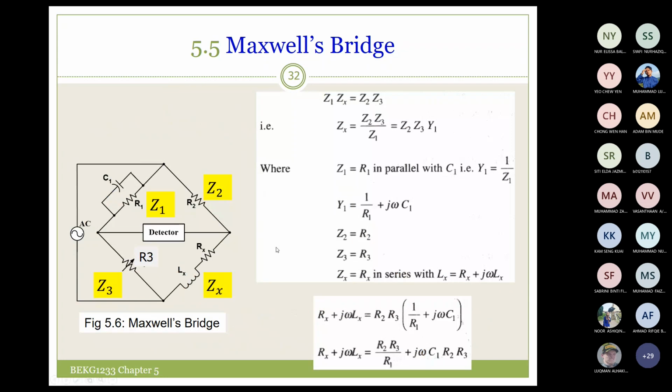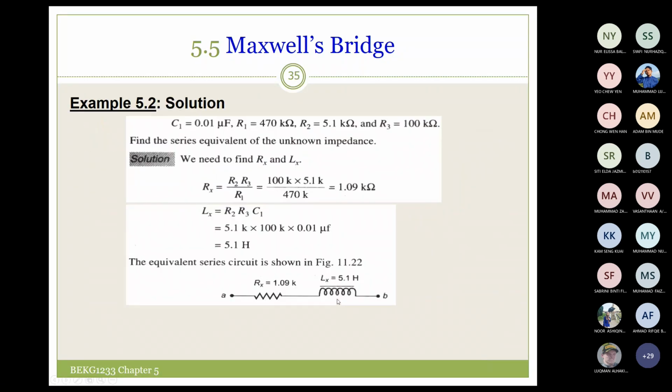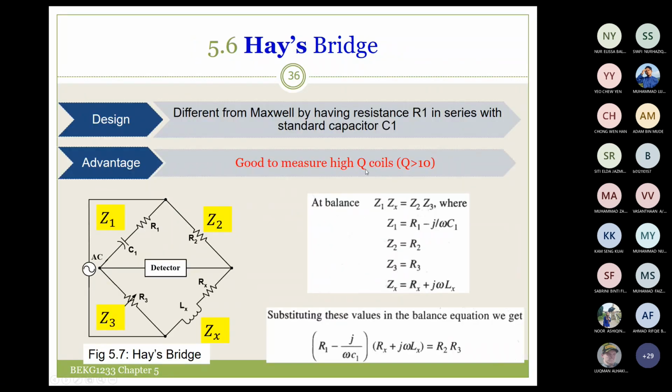Then we have the Hay bridge, which is used to measure high Q coils, for Q values more than 10.